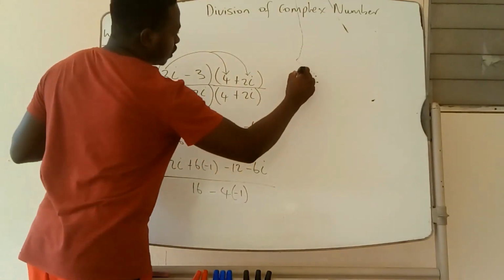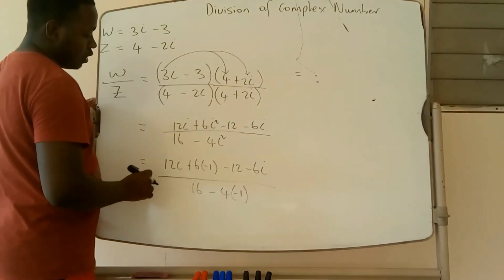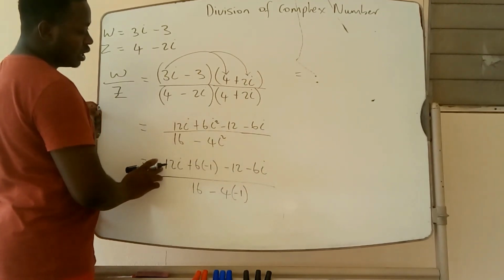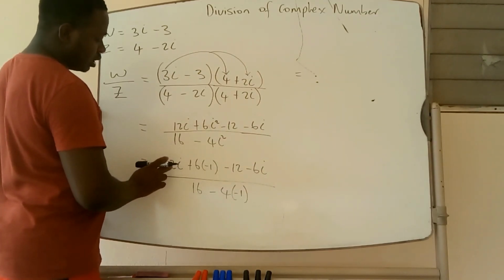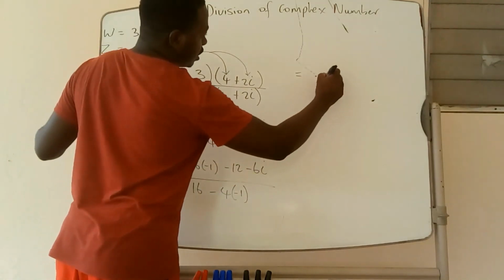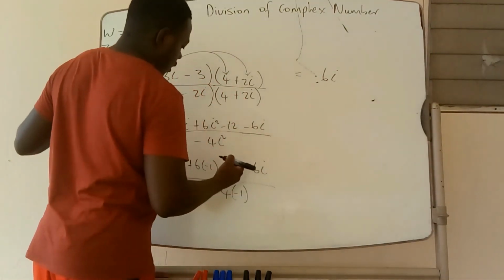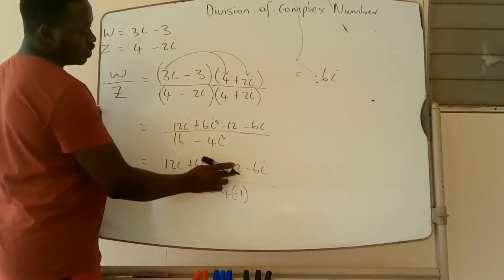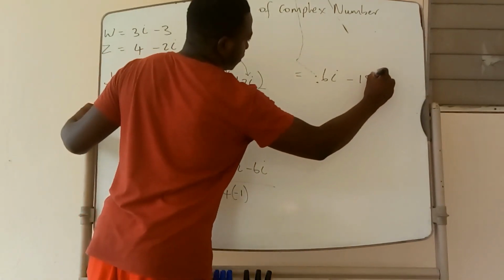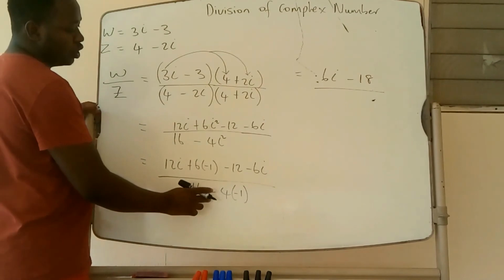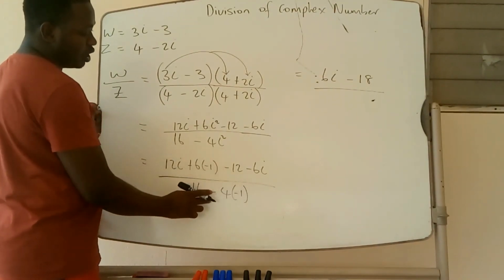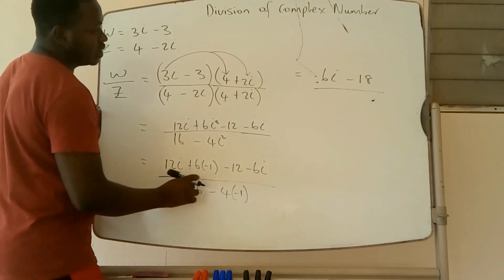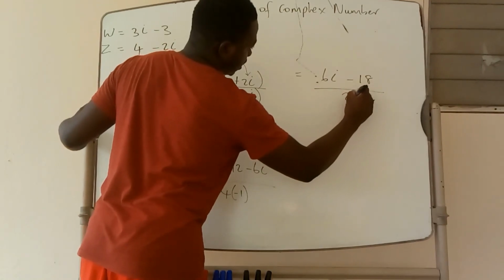Now that will give us a final answer of, here we have 12i and we have minus 6i, so we can combine those. 12i minus 6i is going to be 6i. Here we have 6 times negative 1, which is negative 6, minus 12, that's going to give us minus 18, all over. Here we have negative 4 times negative 1, which is going to give us positive 4, plus 16, that's going to give us 20. So the denominator is 20 here.